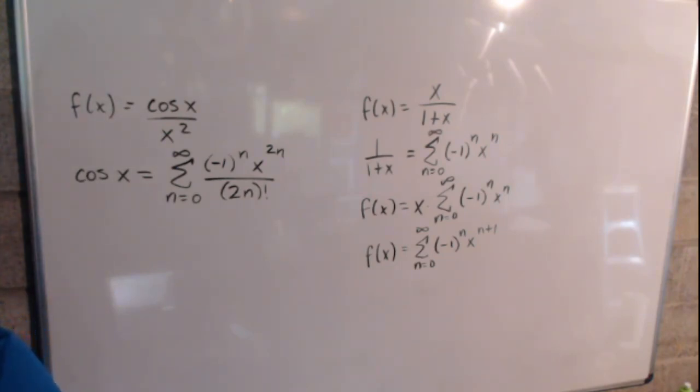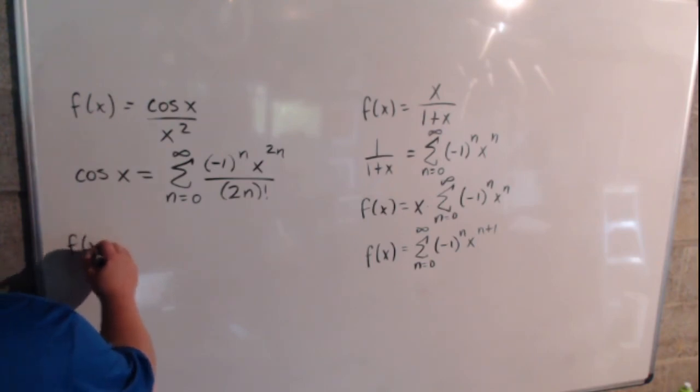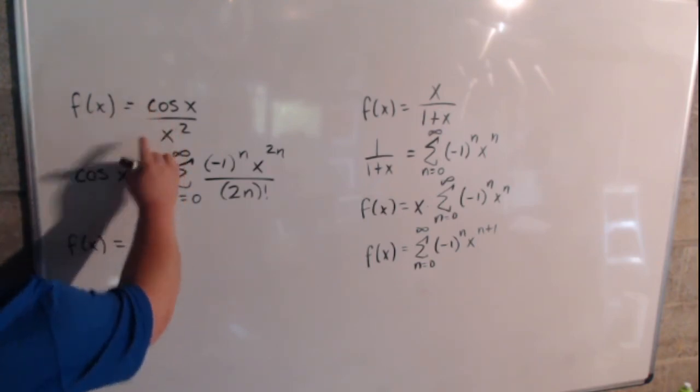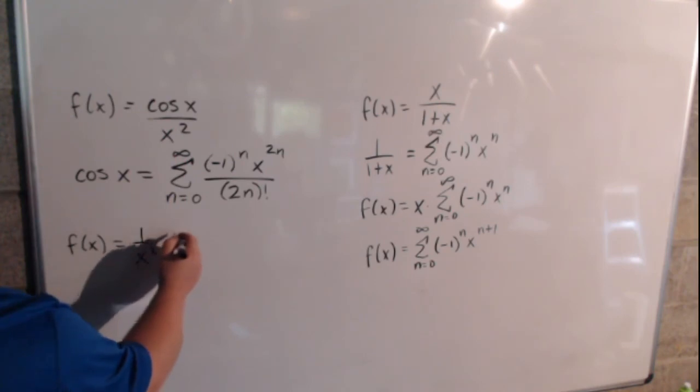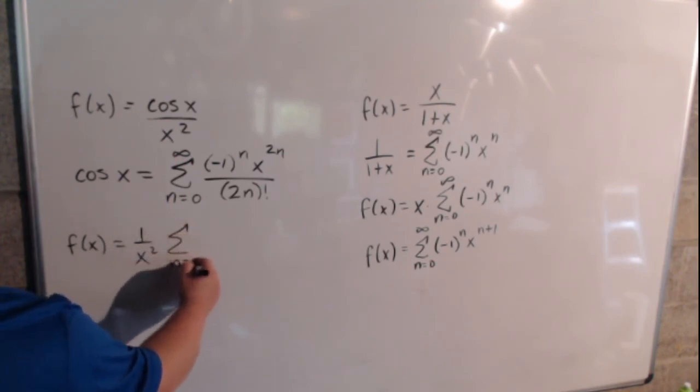So again, f of x is equal to 1 over x squared times the sum.